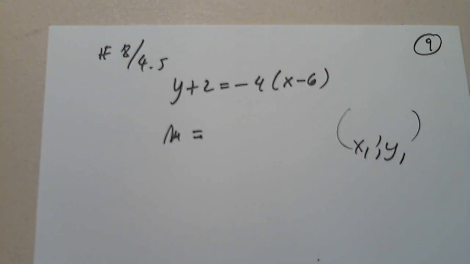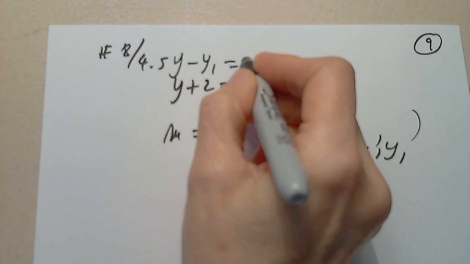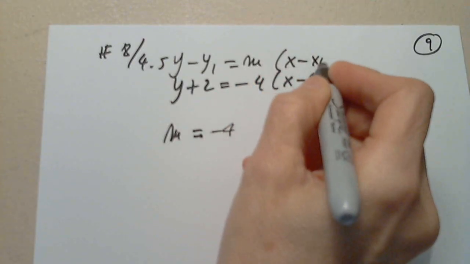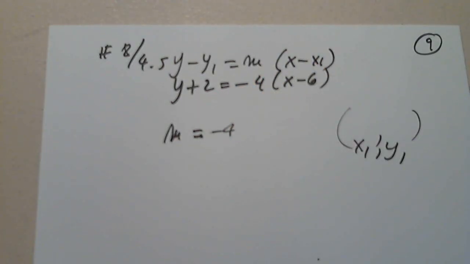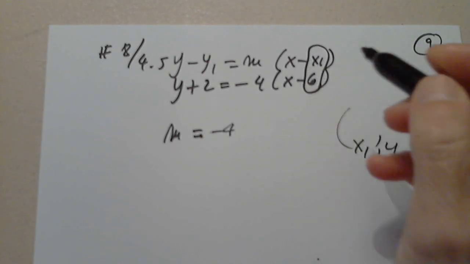Yep. So the slope, negative 4. Perfect. And the point that was used. Let me refresh your memory. y minus y1 equals the slope times x minus x1. Negative 6. Careful, careful. Oh, right. 6.